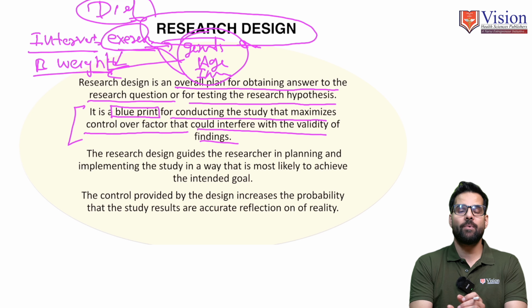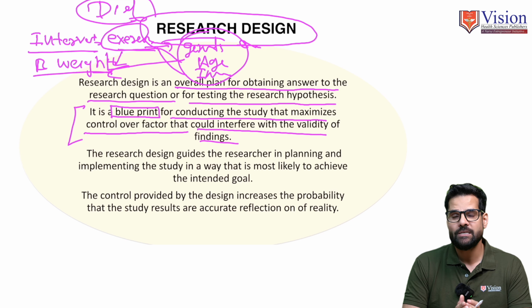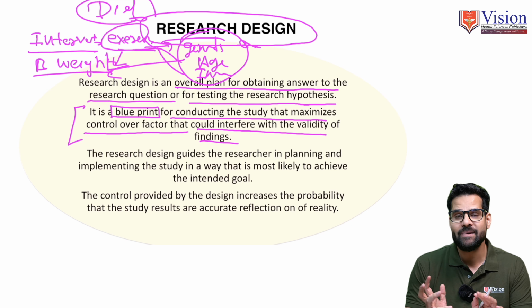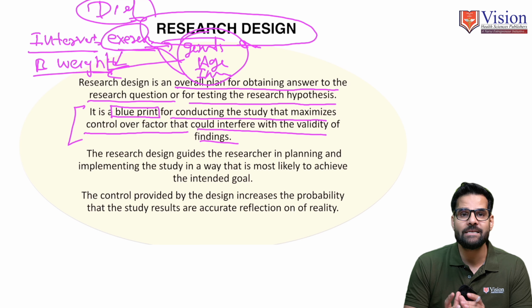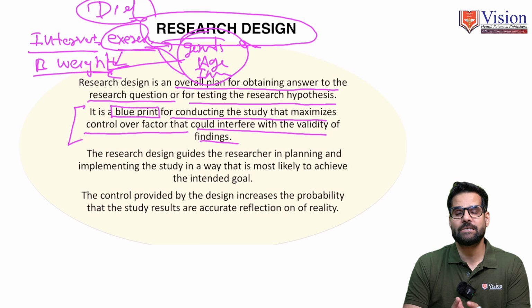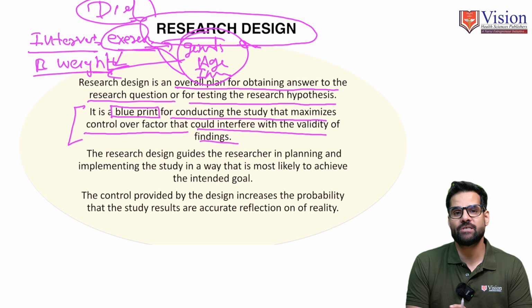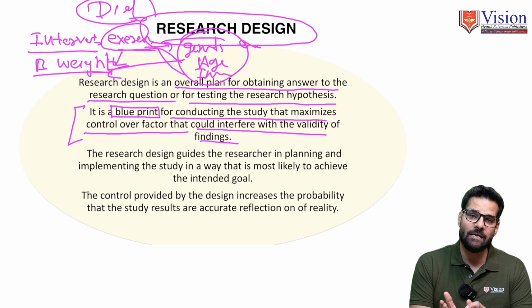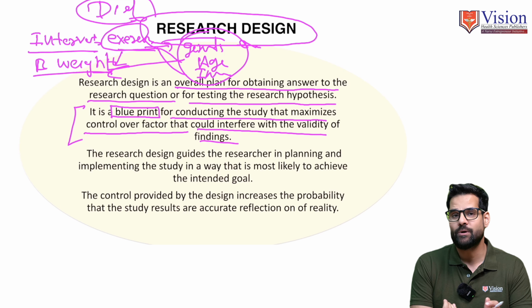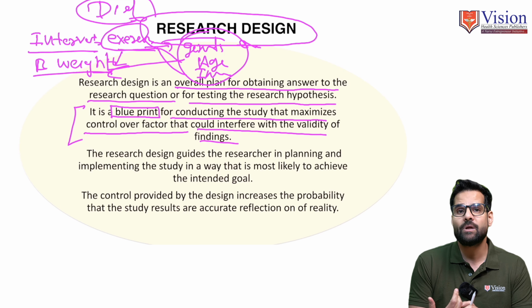So whenever you talk about research design, it is an overall blueprint which has an ultimate aim to provide you internally valid results. Whenever you look at the result, it should only and only be because of the intervention or your independent variable. This is especially in the context of experimental design, but what about other designs?